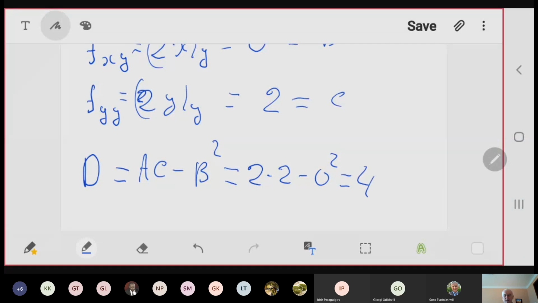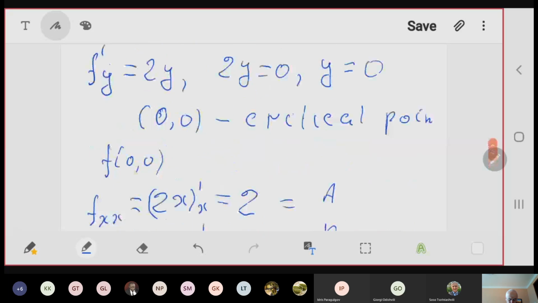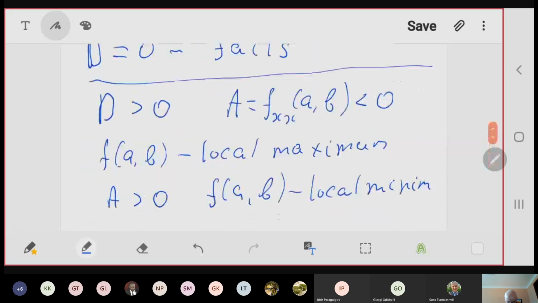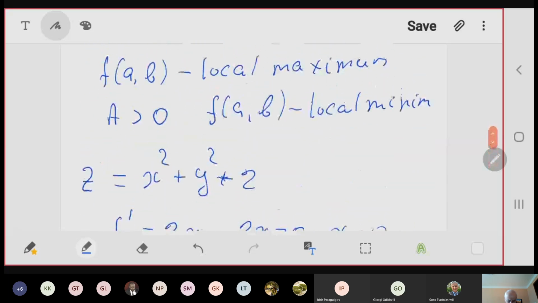But this number 4 does not matter. It's 4 or 100 or 1 billion. What does matter is the sign, and the sign is positive. So since D is positive, now let's look: when A is positive, it means this is a local minimum.